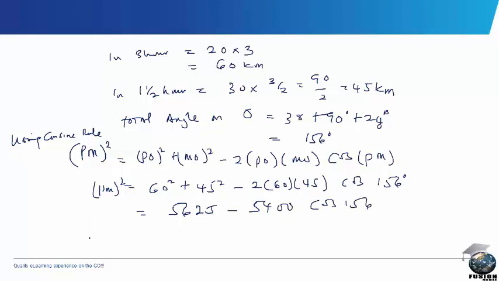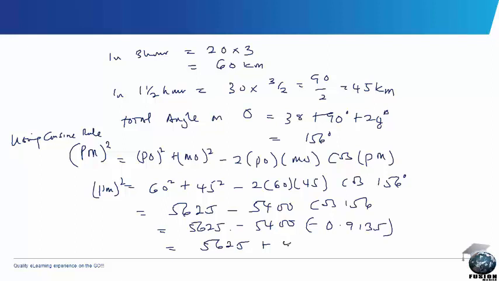Cos 156 is given as minus 0.9135. So this is equal to 5625 minus, and this sign changes to positive. When we multiply this, we have 4933.15.